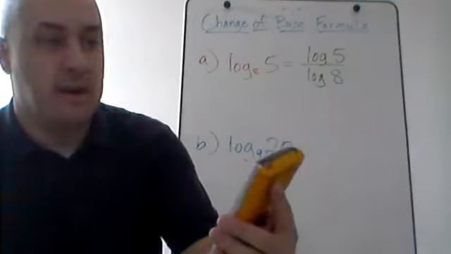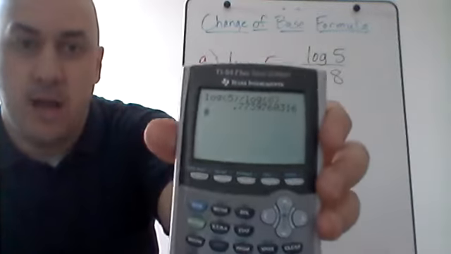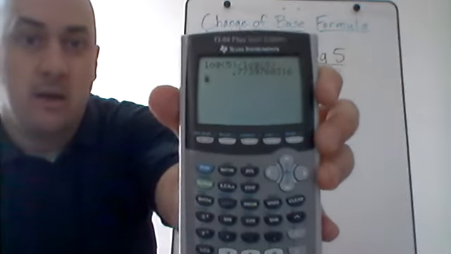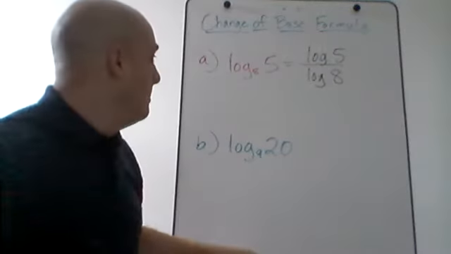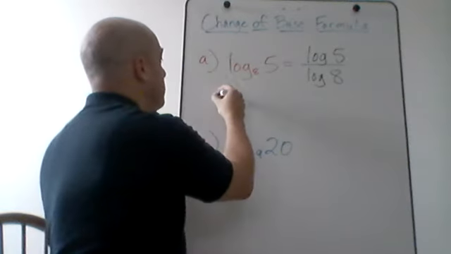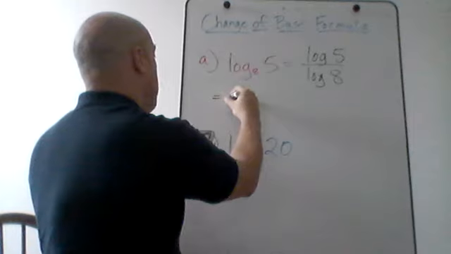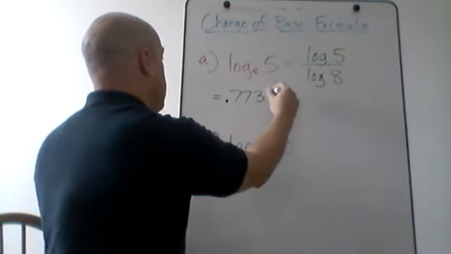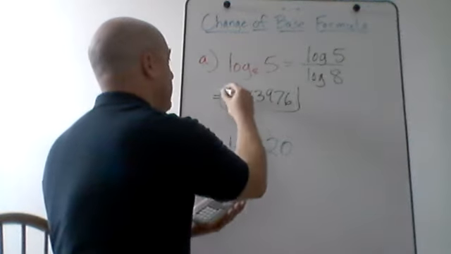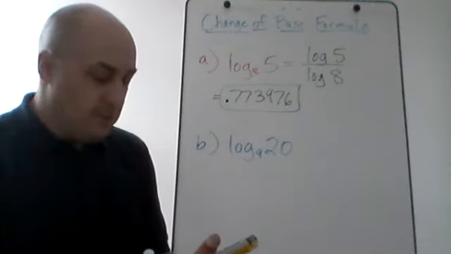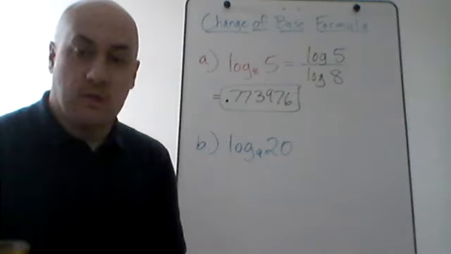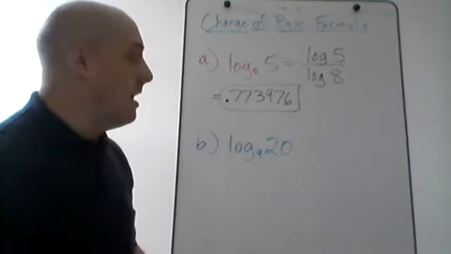And when I hit enter there, I get 0.77397 and so on. So that's my answer here. This equals 0.773976, let's say.